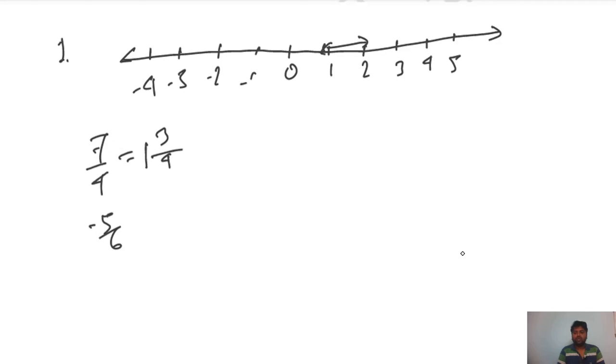When we represent 1 and 2 in a bigger form, this is 0, this is 1, and this is 2.